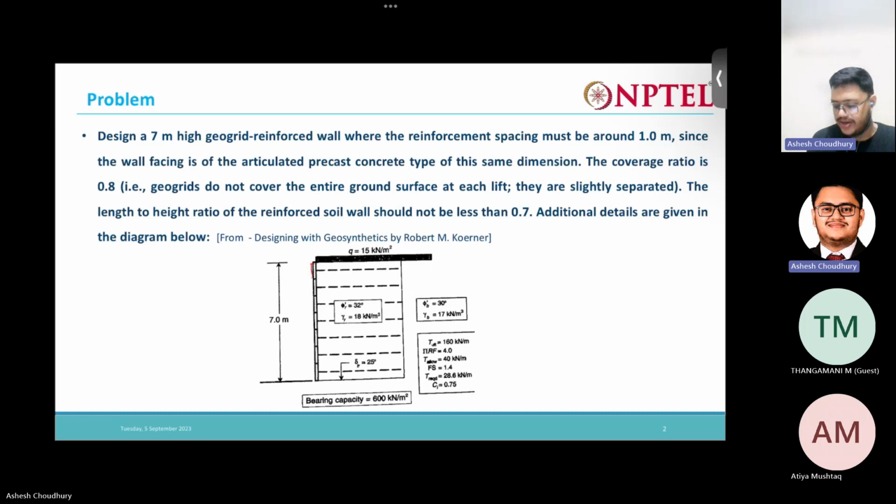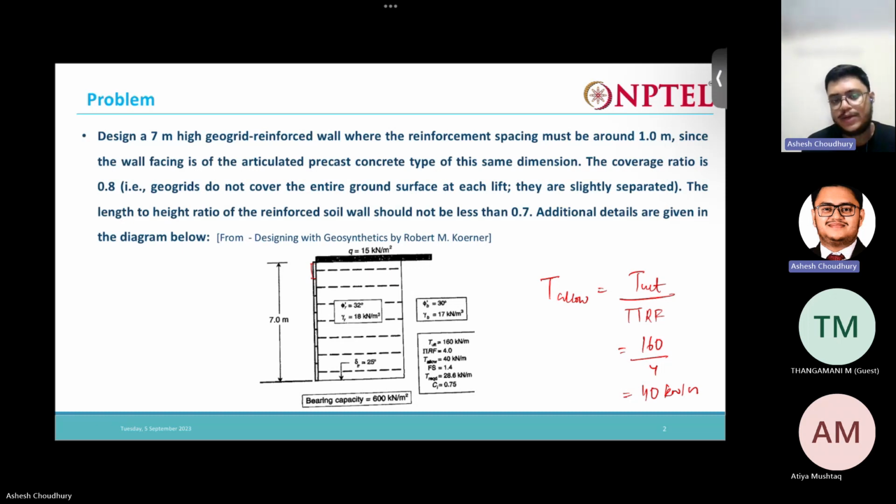So 160 divided by 4 will give us the reliable strength. The reliable strength is nothing but the ultimate strength divided by the cumulative reduction, so 160 divided by 4. Then we have the factor of safety.